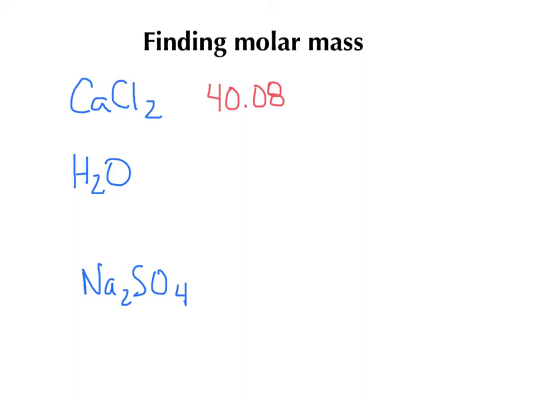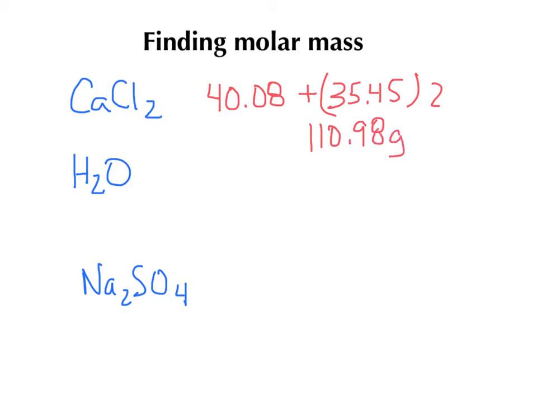Since we're going to a new element, I'm going to add chlorine, which is 35.45, but there are 2 chlorines from this subscript right here, so we need to multiply this by 2, and then we calculate that out. And that is 110.98 grams per mole. Now, if you don't know where I'm getting these numbers from, just rewind it a little bit and look at your periodic table, and it's just copying those numbers over.